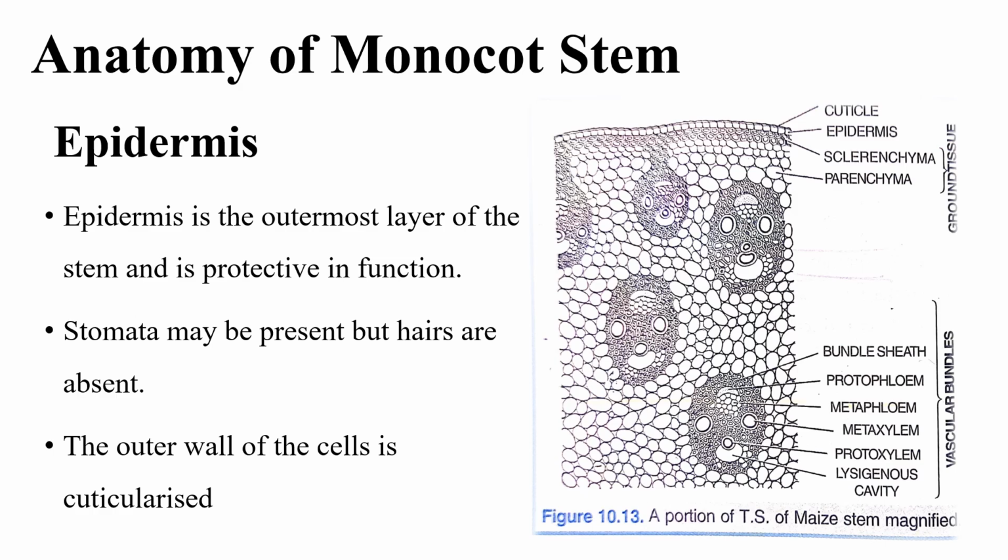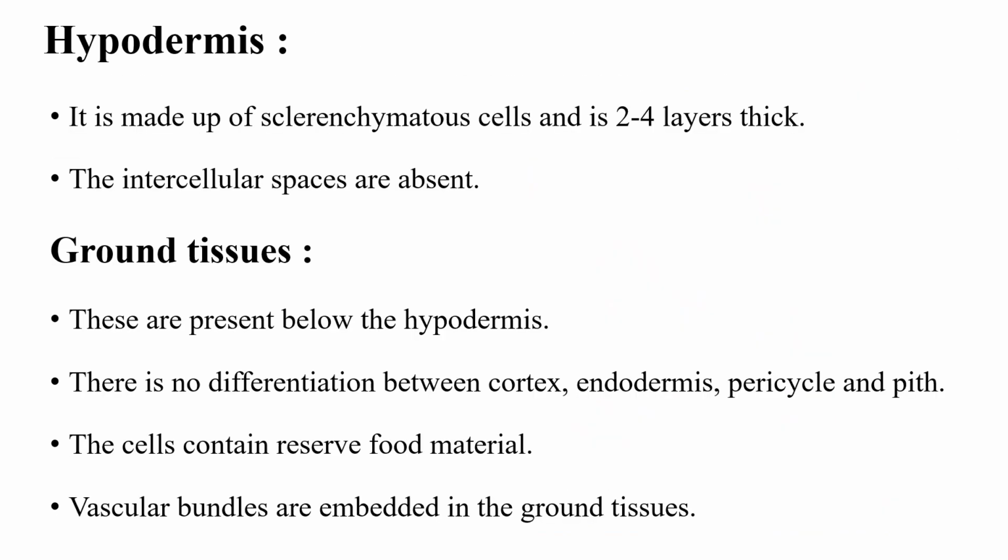So it is the cross section of a monocot stem. The outermost layer is epidermis and it is also cuticularized as in case of dicot stem, that means a cuticle layer is present. Then the hypodermis here in monocot stem is of sclerenchyma, but in case of dicot stem it is collenchyma.